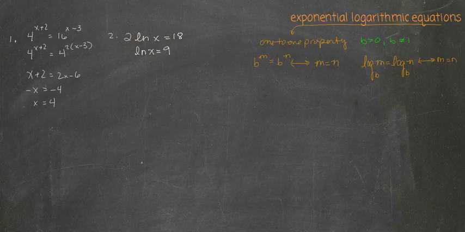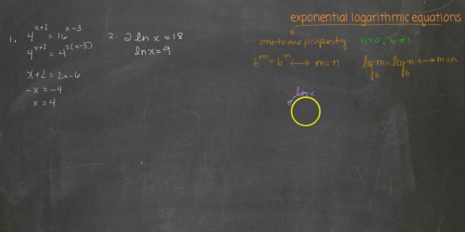Now, this next part isn't instinctive to have thought of, but if we remember a property from before that says if I have the base e raised to the natural log of x, this comes out, right?